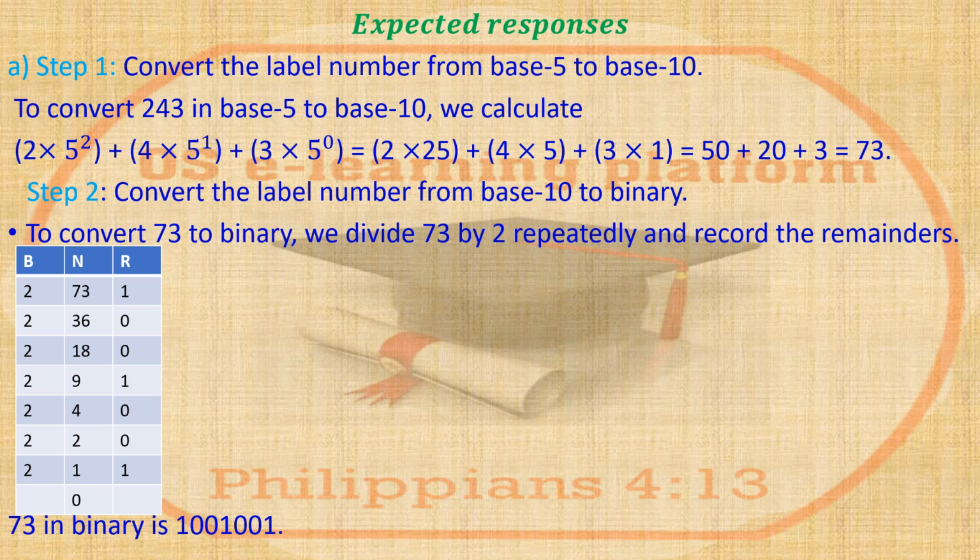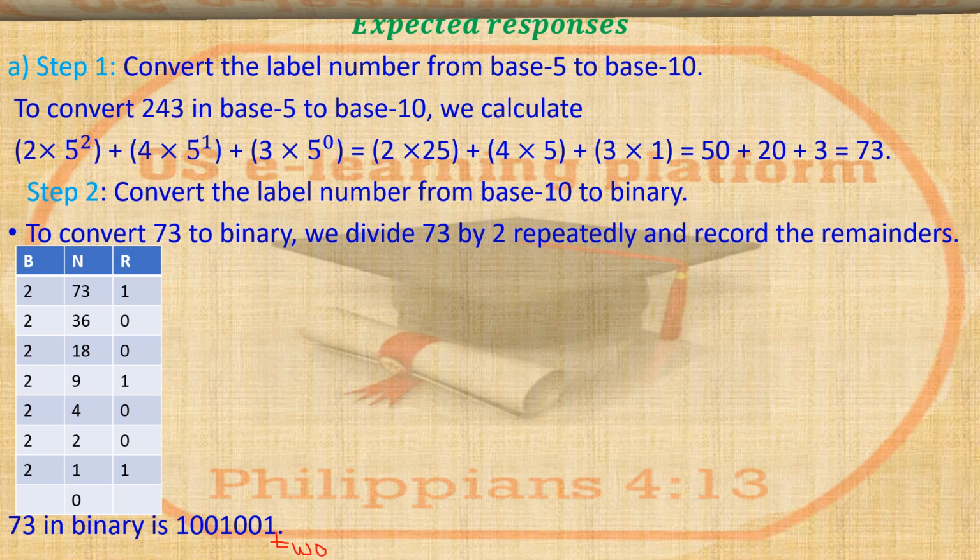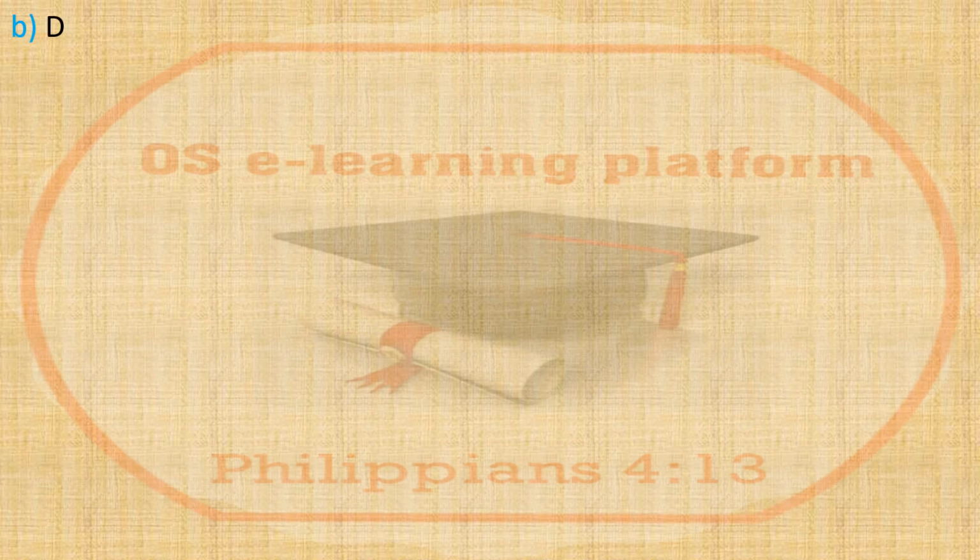Please write base 2 there. So basically this is senior 1 work that I expect my senior 4 student to just majestically go through. Anyway, we are continuing with the responses.